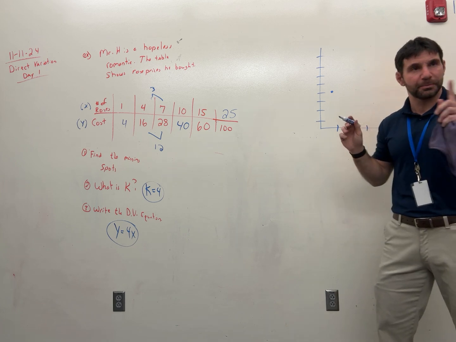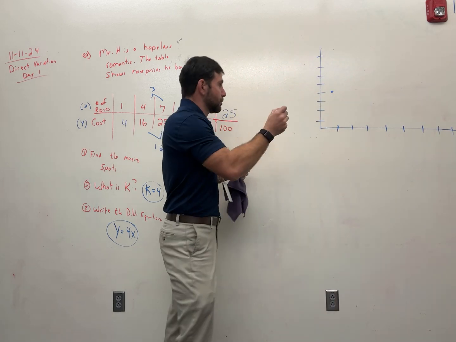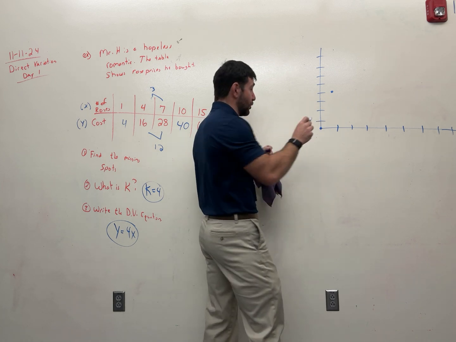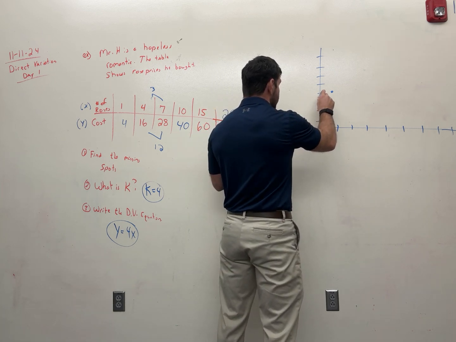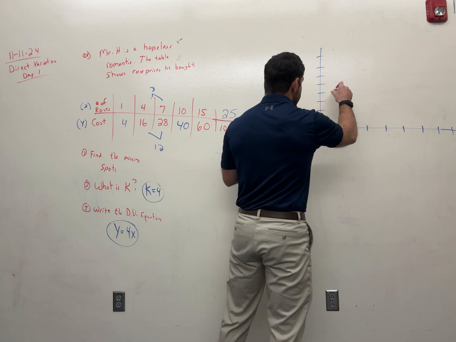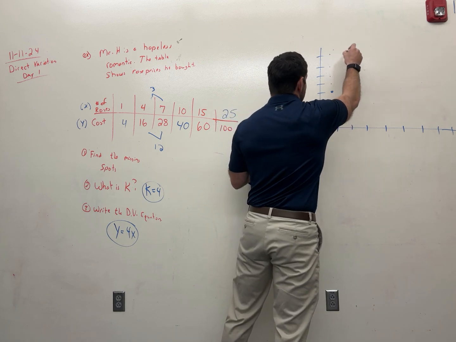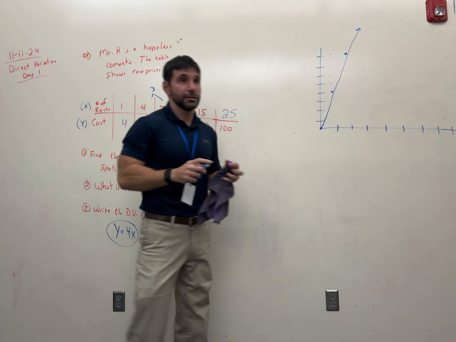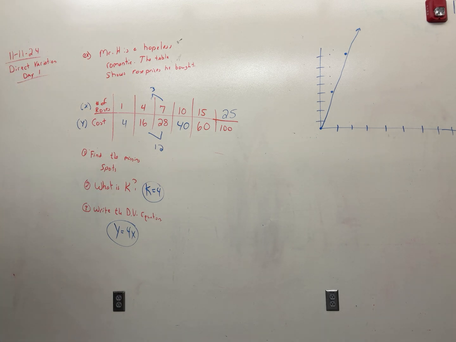Now, I want you to kind of pay attention. This is going to be later on. But we know that 0 roses cost $0. The constant is 4, which is up 1, 2, 3, 4 over 1. What's this? Up 1, 2, 3, 4 over 1 is 2, 8. Huh. That's going to be important.